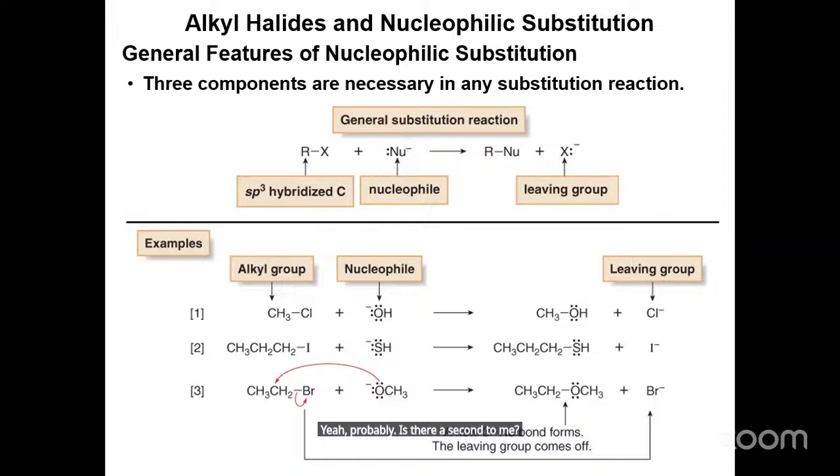Is it tertiary? There you can see for the methyl chloride, the alkyl group there is going to be the methyl. The nucleophile is the hydroxide ion, and the leaving group is the chloride ion, because methanol was formed at the end of the day.